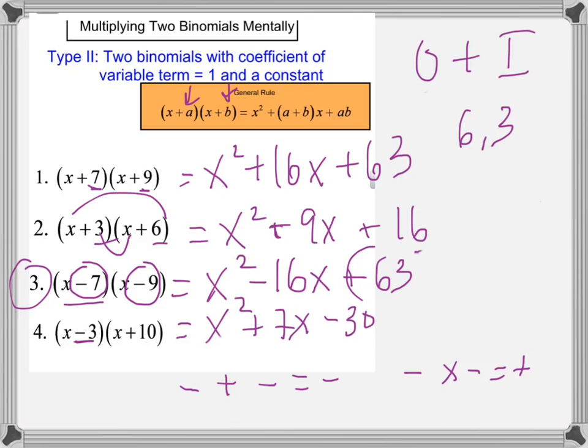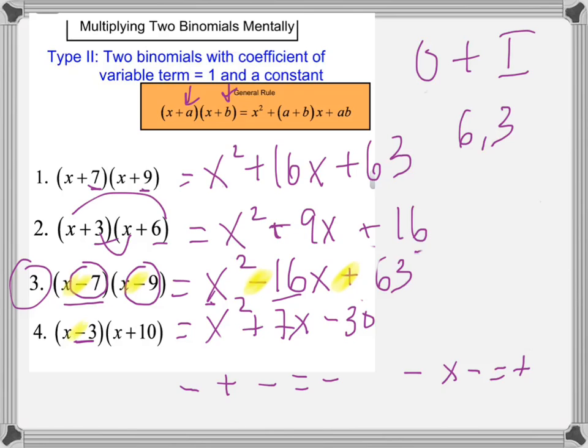Okay, so that's always going to be the case there. If the two binomials have a difference, then the operation between the first term and the middle term is going to be subtraction, and the operation for the last term is going to be addition. Okay, that's the result of these two things here.